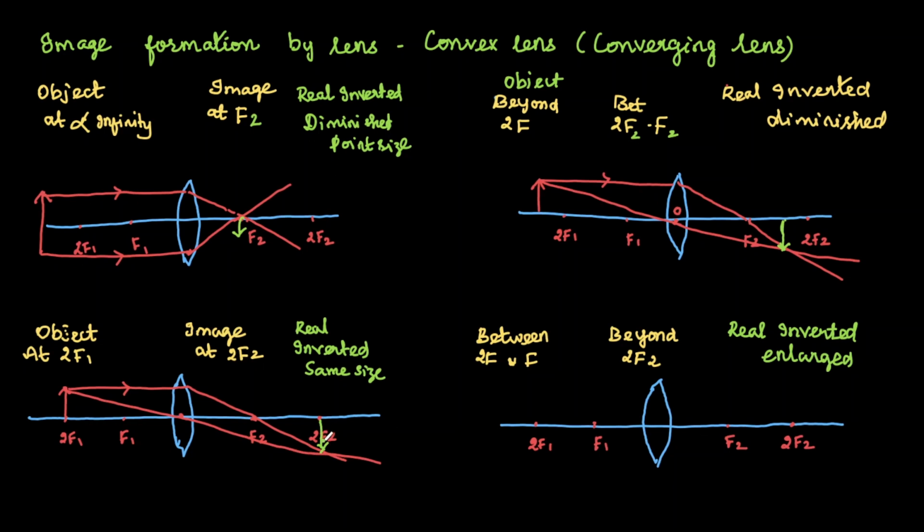The image will be formed at 2F2. The nature of the image will be real, inverted and the same size as the object.